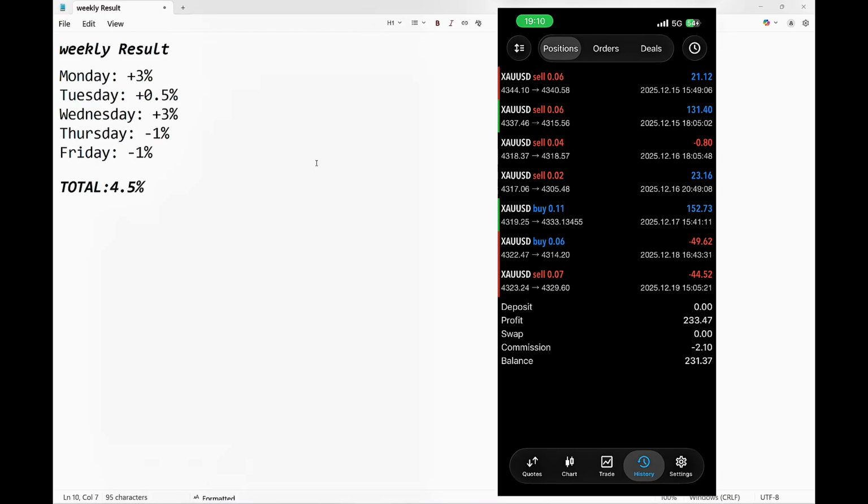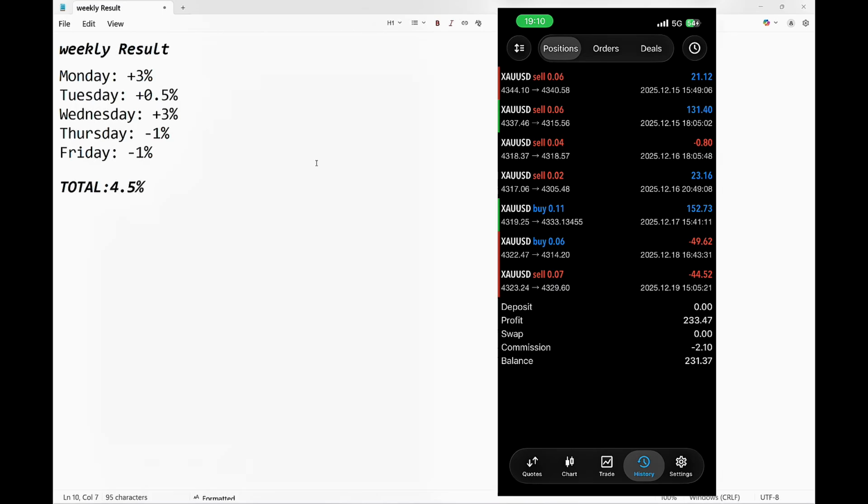On Wednesday, we had a trade as well, and it was a very clean win. We made also 3% of our account, putting our account up to 6.5%, right? On Thursday, we had a loss of 1%, right? We risked 1% and we lost it. On Friday, we also took a trade which we lost, and we lost 1% of our account also in that trade, right?